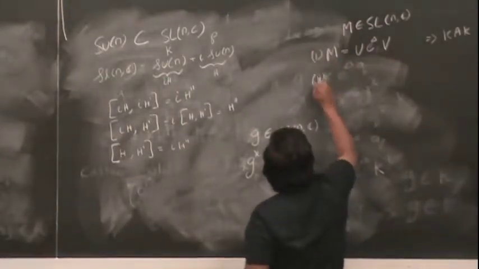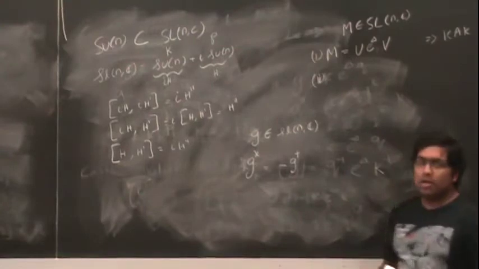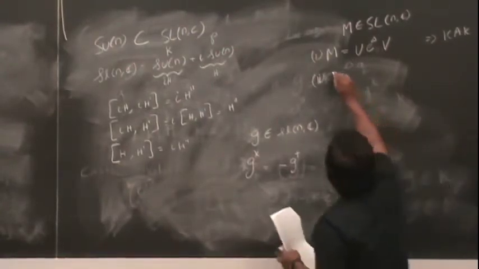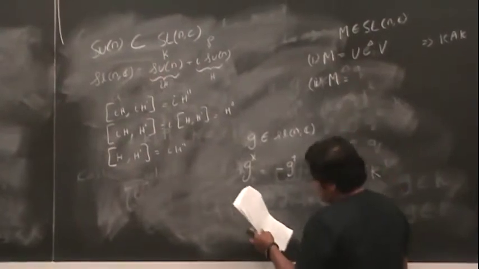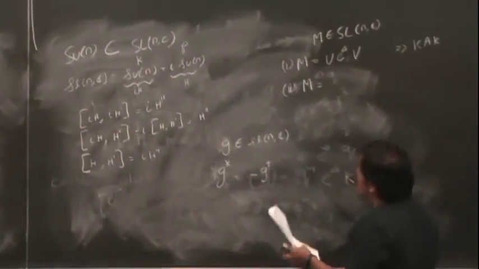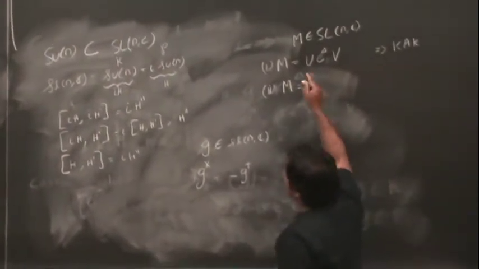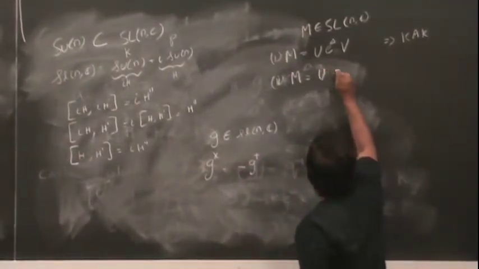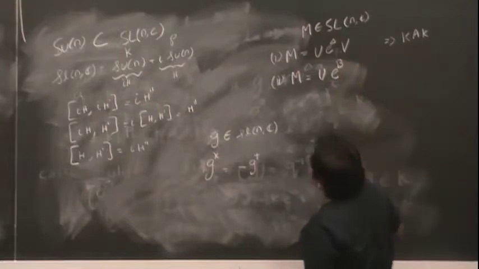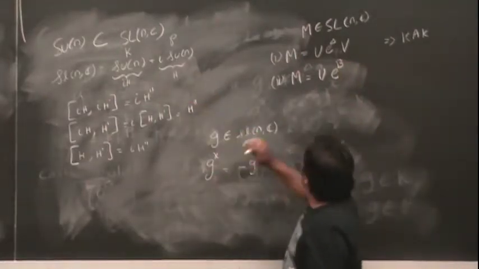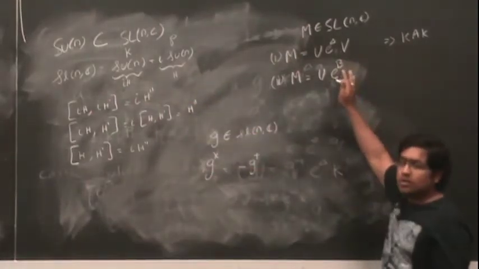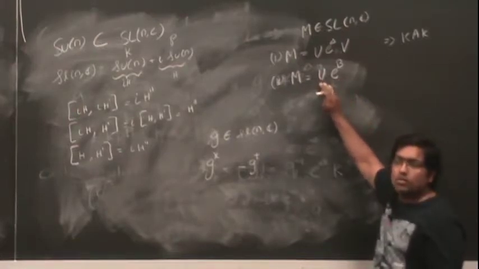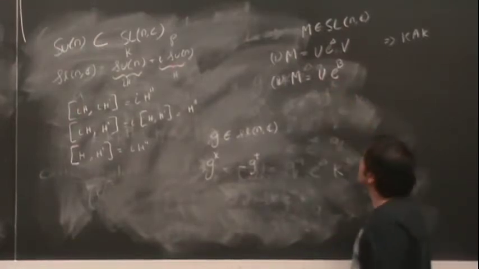Now we can look at what the polar decomposition gives you. Any element M can be written as an element in K, which is a unitary matrix, and an element in P. So e to the B is a Hermitian operator, positive semi-definite, and U is unitary. This is the polar decomposition that we know.